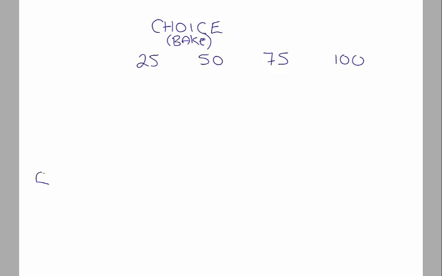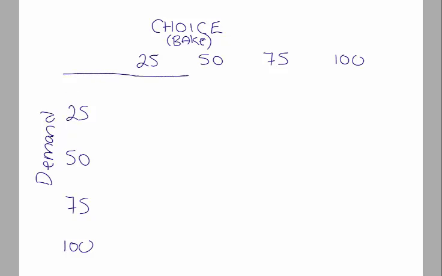And on the left hand side we then have demand, the chance element, and demand is going to be 25, 50, 75 or 100. And what we're going to have to do here is go through and try to work out all 16 possible outcomes depending on our choice and what happens with the corresponding demand.